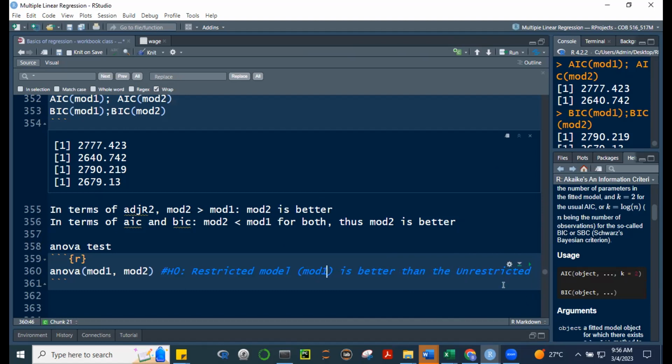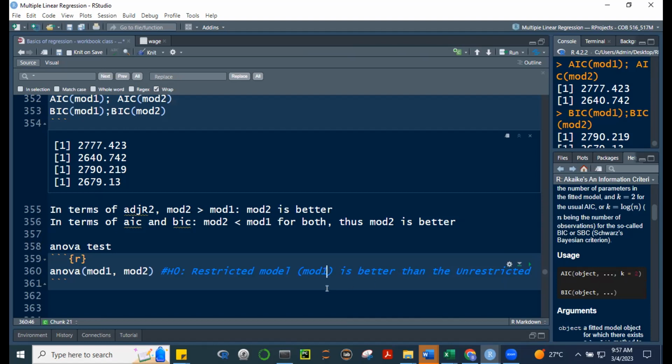So always, ganun lagi definition, ha? The restricted model is the one with the lesser number of variables. The unrestricted is the one with more number of predictors.